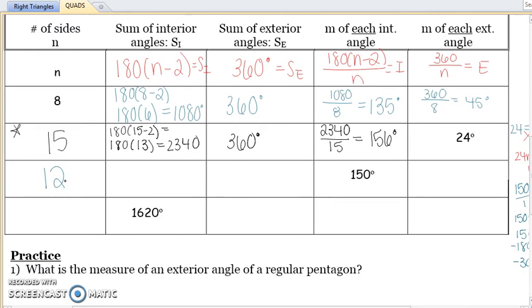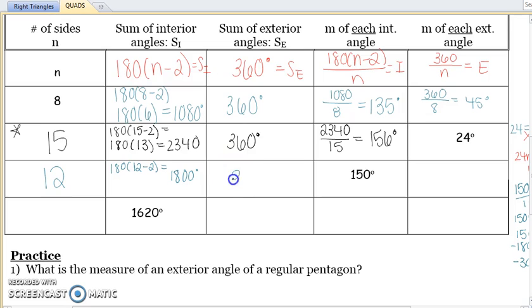Now that we have that, we can fill in the rest of this information. So sum of the interior angles, again, 180 times 12 minus 2. I'm going to do a little of this in my head, so I'm not necessarily going to write it all out, but I know that 12 minus 2 is 10. So 180 times 10 is 1,800 degrees.